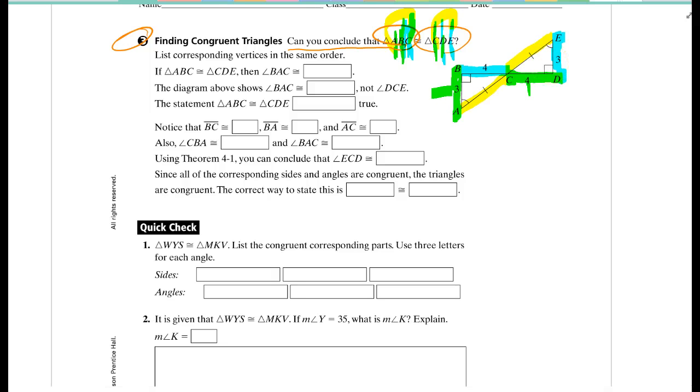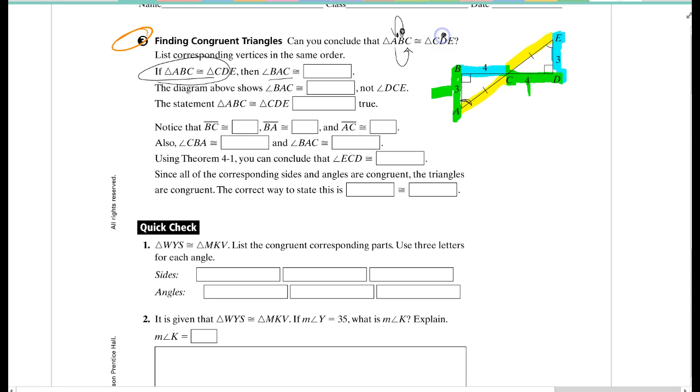So let's follow this logic here. If these two triangles are congruent, then this angle, BAC, which is this vertex here, has to be equal to, don't look at the diagram, look at the order of the letters. So they said from B to A to C, which is up here, B to A to C. So I have to look at these letters.